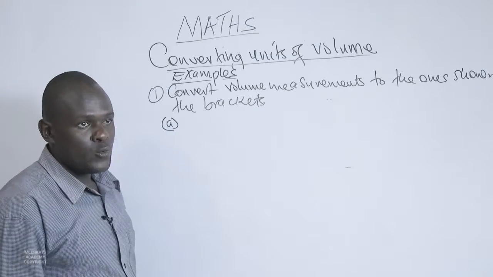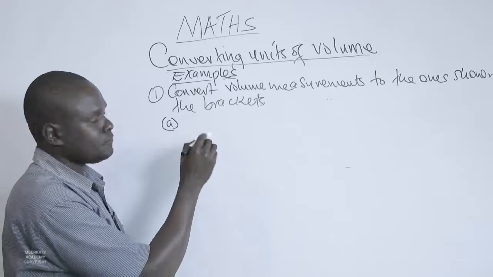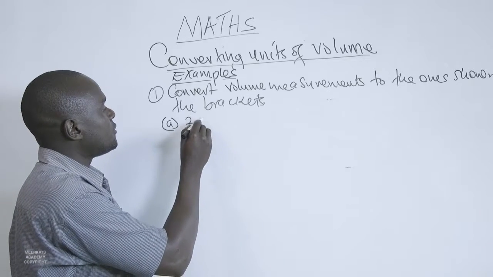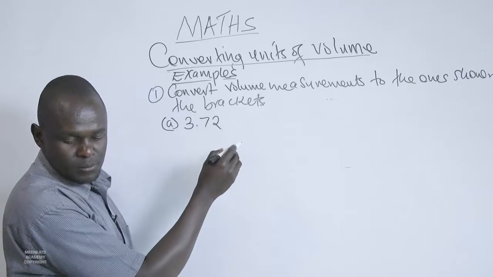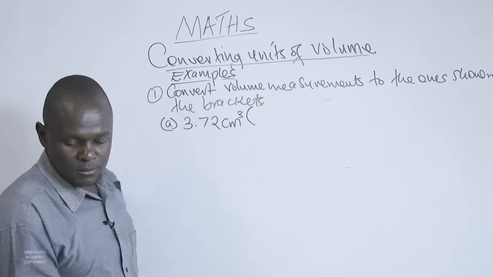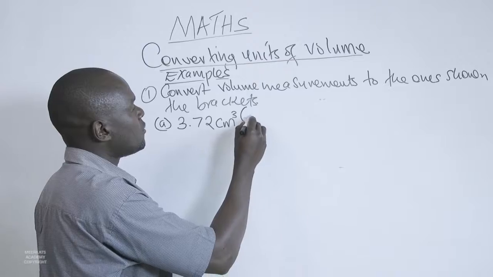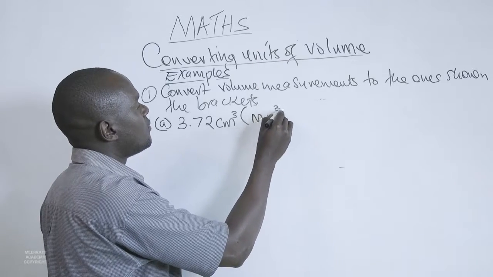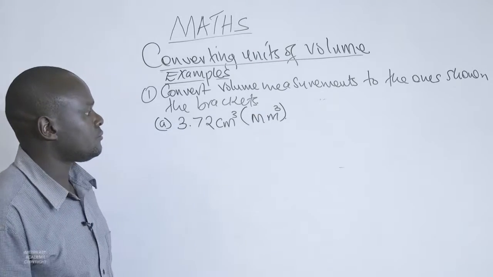Part A, we need to convert 3.72 cubic centimeters to cubic millimeters.